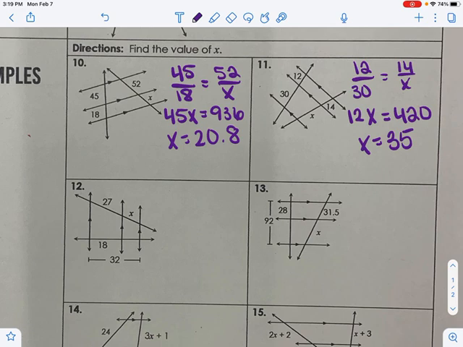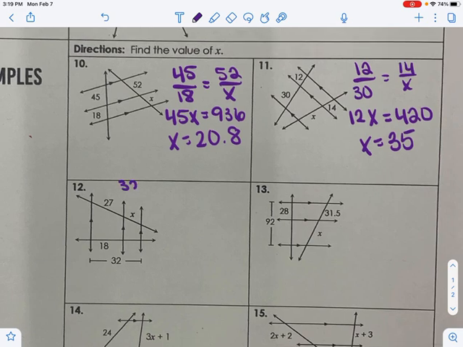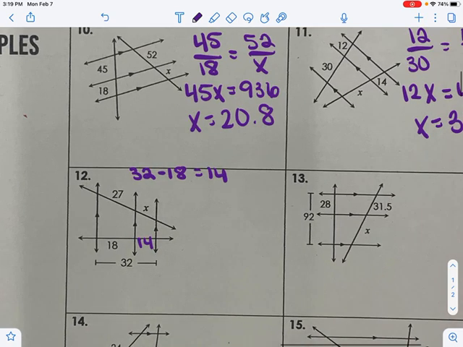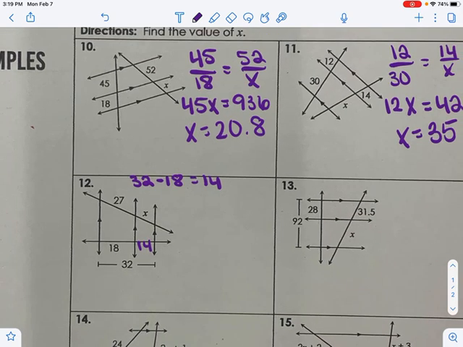Now these middle questions are just like the middle questions from the last page. We need to do, in this case, 32 minus 18 to get that missing part of the line. So that's 14. Now that we have all the small components, we can build the fractions. And it works if you go, because I've been going like this guy over this guy, right, in number 10, you can go in any order as long as you copy what you've been doing.